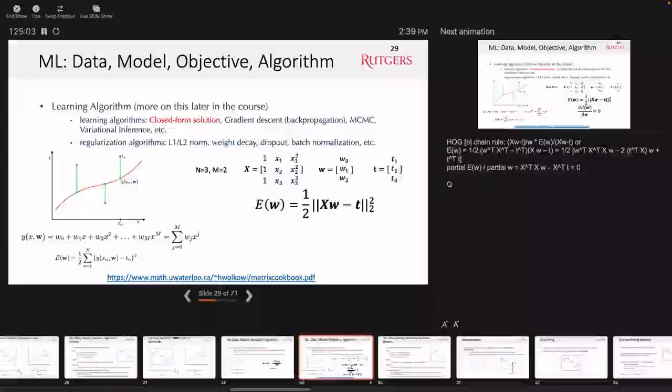Let's say that you have this vector v, which is three-dimensional. Then the L2 norm of v will be the square root of v1 squared plus v2 squared plus v3 squared. Okay, so this is the L2 norm.